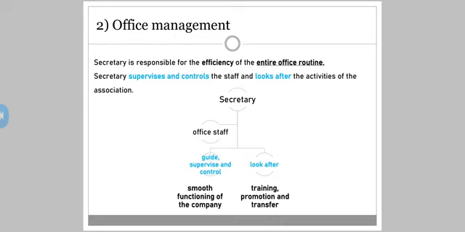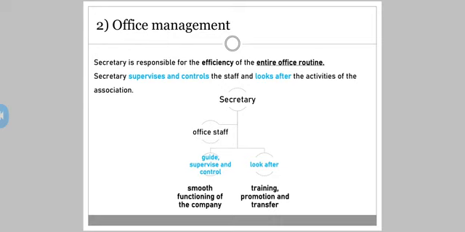And then control the staff and look after the activities of the association. The secretary guides and supervises, and along with it, controls as well.